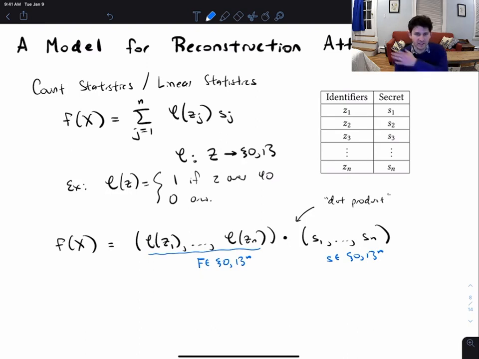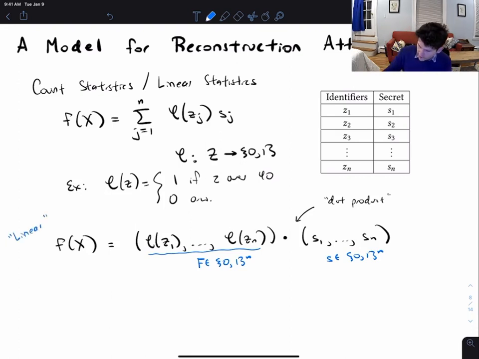The data set is just a bunch of information, but from the attacker's point of view, they're trying to reconstruct the secret. So we're going to focus our attention on queries that ask, among people in some subset of the data set, how many of them have a secret bit set to 1. These can arise in other ways, and maybe I can clarify later with some examples. So these queries are linear.